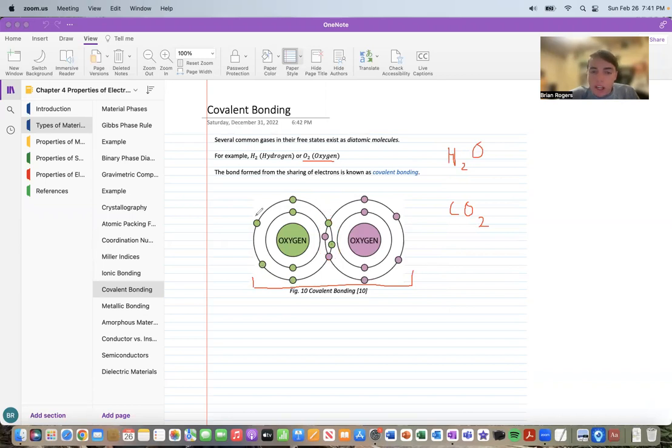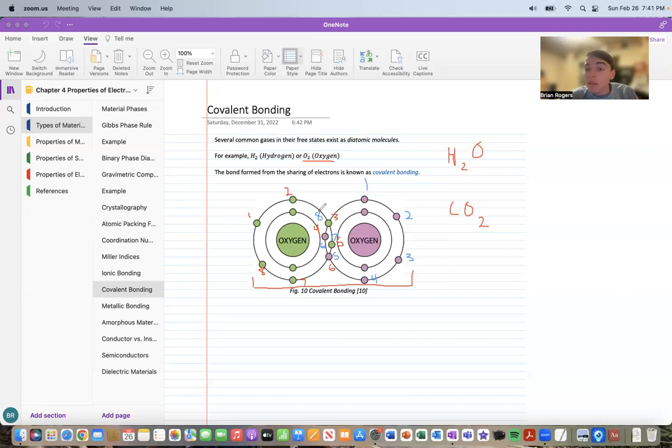So they'll count it as 1, 2, 3, 4, 5, 6, 7, 8. And the other oxygen molecule, when counting its electrons, 1, 2, 3, 4, 5, 6, 7, 8.